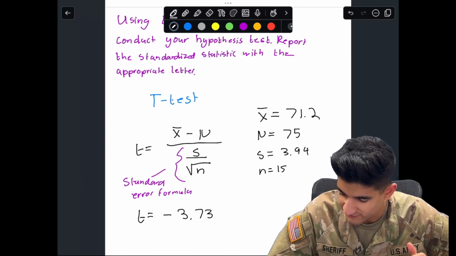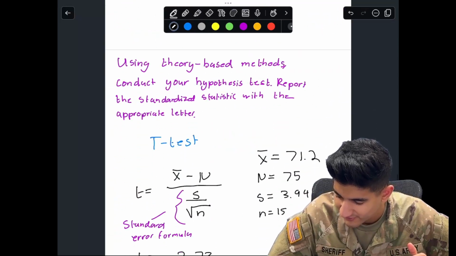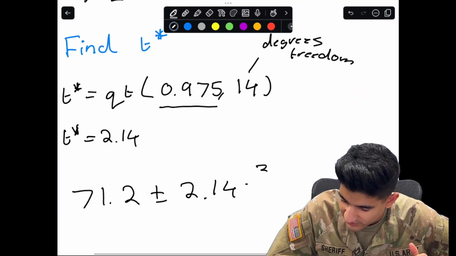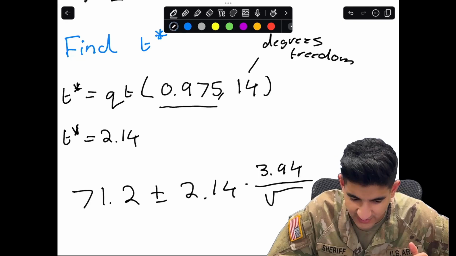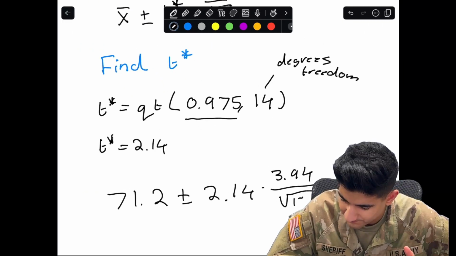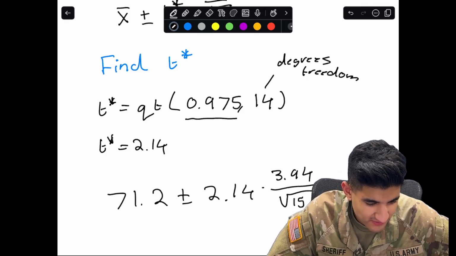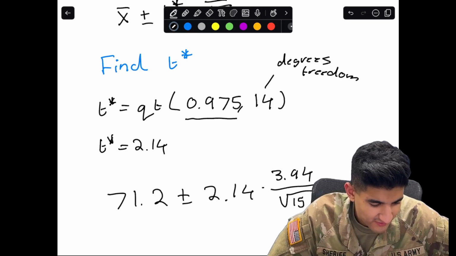We can go up to find our standard deviation, 3.94, over the square root of our sample size, which is 15. And there we go. That should be it. Let me just quickly look at it. Yep. And that is going to be our thing.